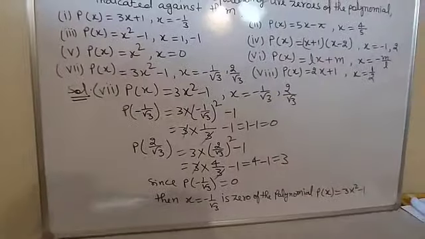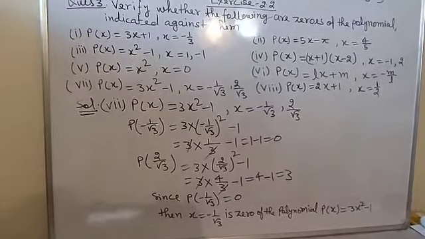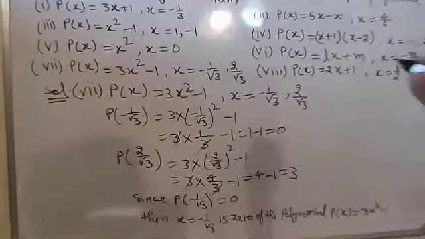So here at -1 by root 3, the value of the polynomial is 0. So -1 by root 3 is the zero of the polynomial.